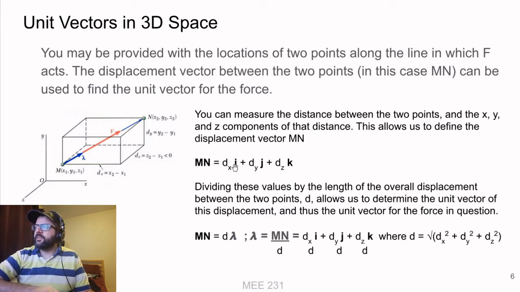Displacements can be positive or negative. They're not necessarily distances. So you need to keep that in mind, because if you mix up the sign on one of these, then your unit vector is going to be pointed in the wrong direction.